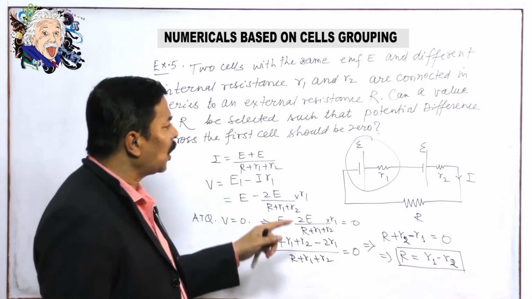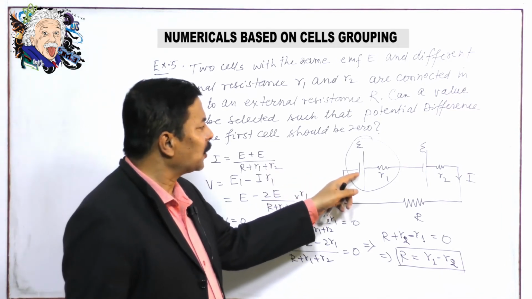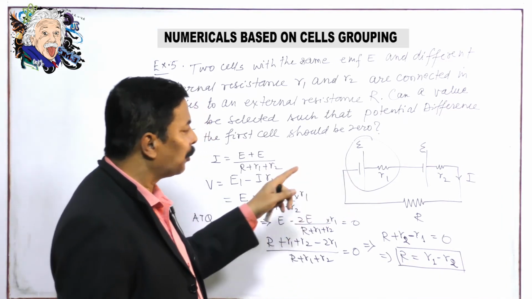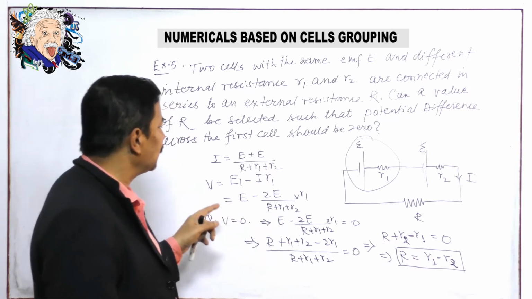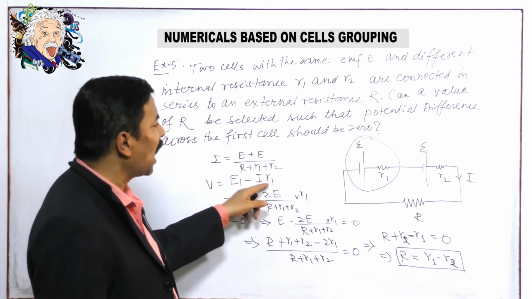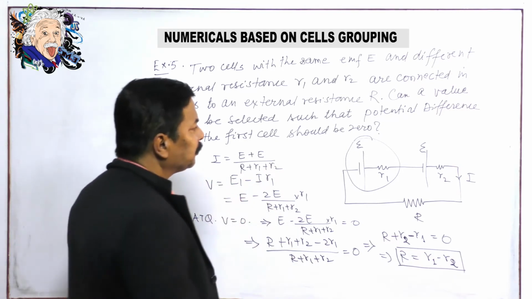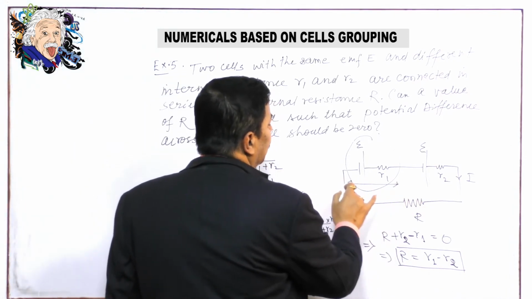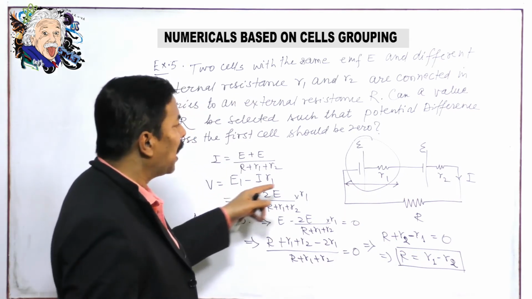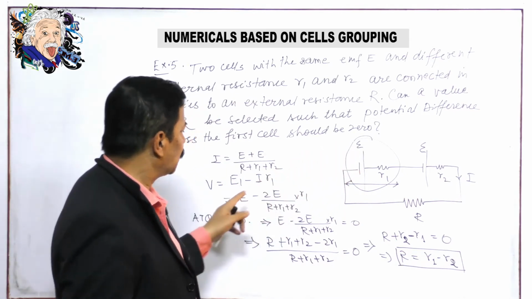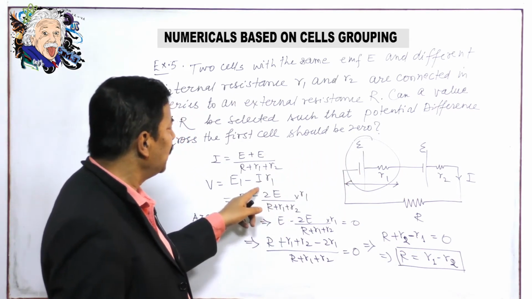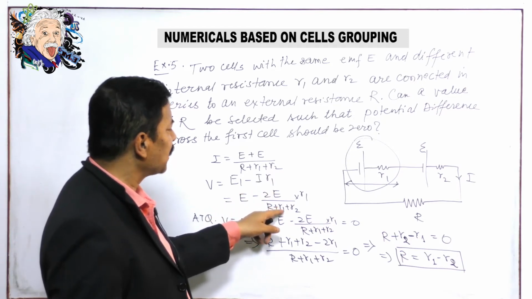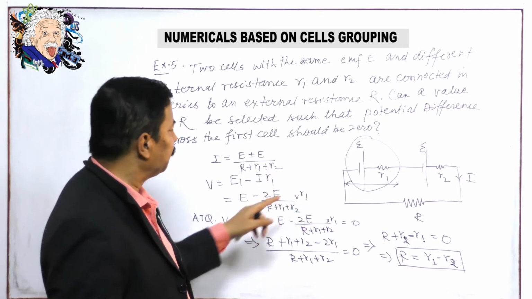The terminal potential difference across the first cell should be E1 minus IR1. So it is E minus 2E by R plus R1 plus R2, into R1.